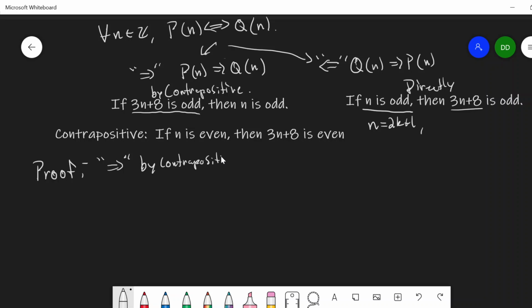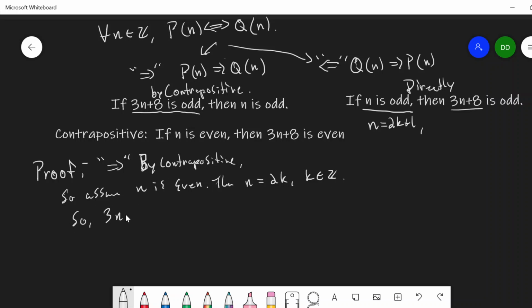And it's okay, and it's actually a good habit to get into, at least in this class, to indicate what proof technique you're going to be using: by contrapositive. So assume n is even. Then n equals 2k for some integer k.